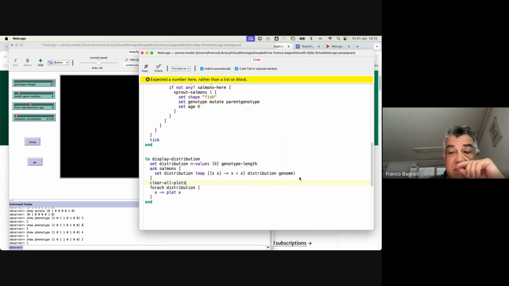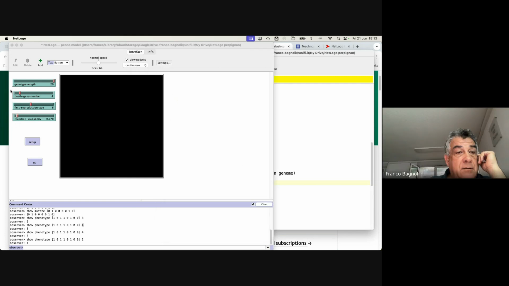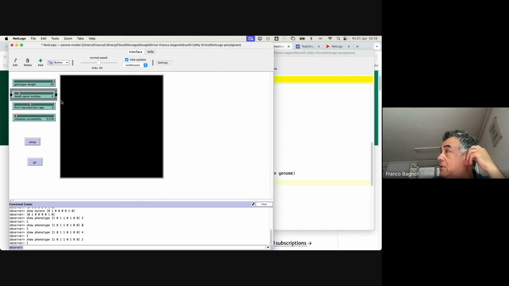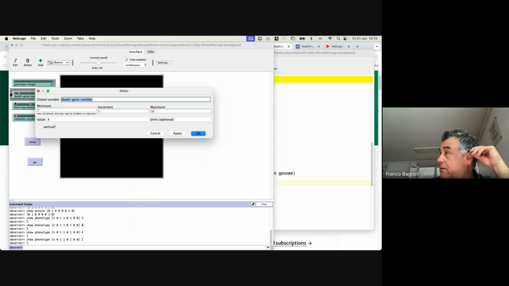Now we want to plot the distribution of genes in the population, but probably this is not the best thing to do. We should rather plot the distribution of the age at which they have the death gene number of genes activated.